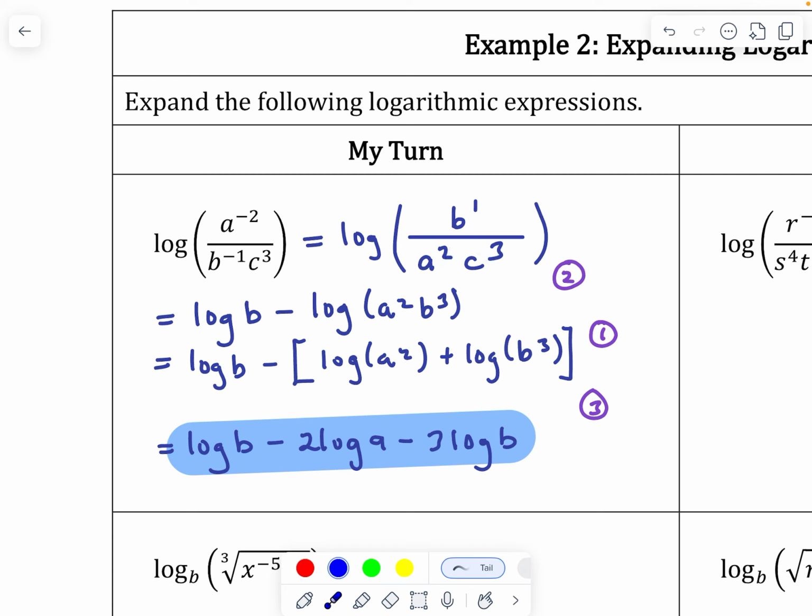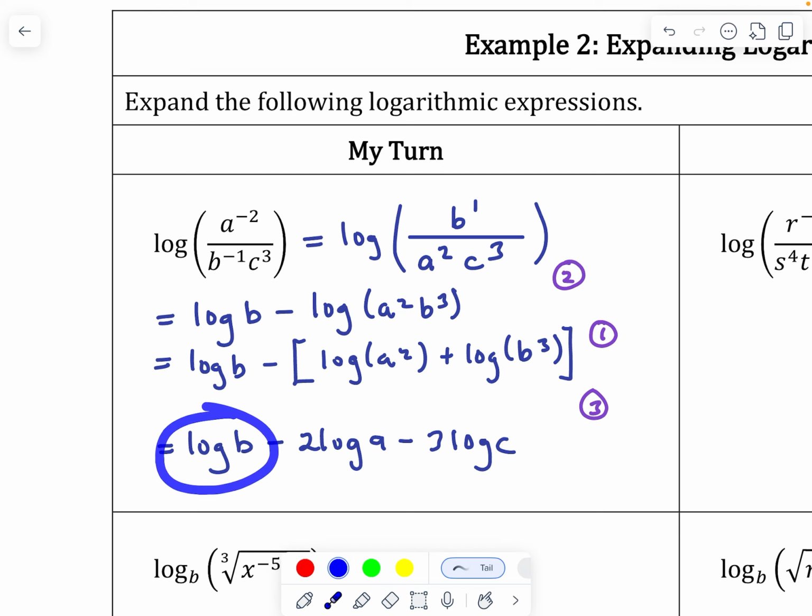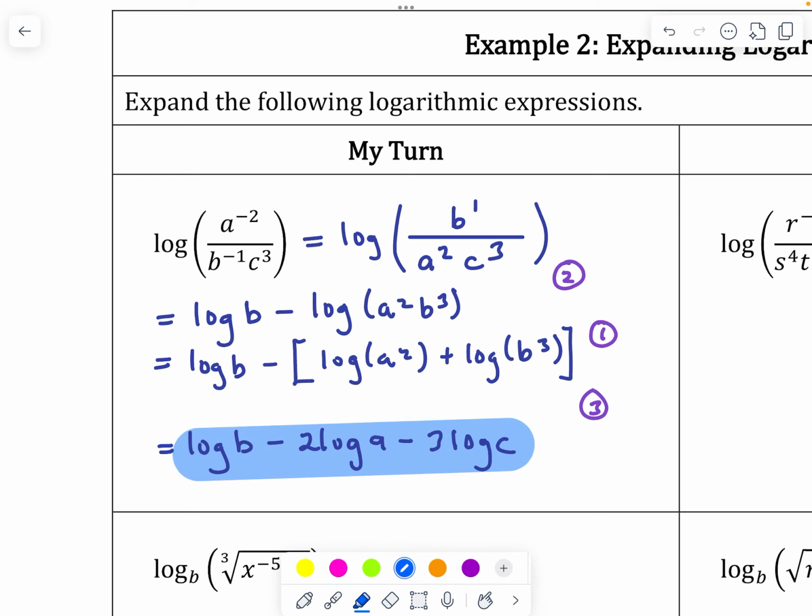With the c, this right here should have been c. Also ended up with a negative because it was in the denominator, right? So everything that's in the numerator ends up positive, and everything that's in the denominator ends up negative. That's the connection. Anyways, that's the answer. Go ahead and try this one.